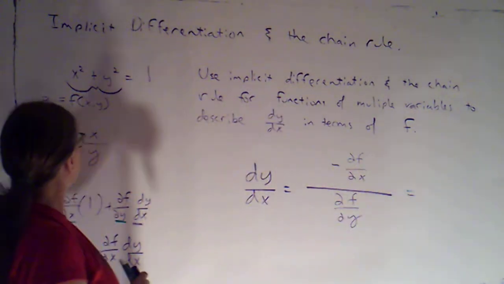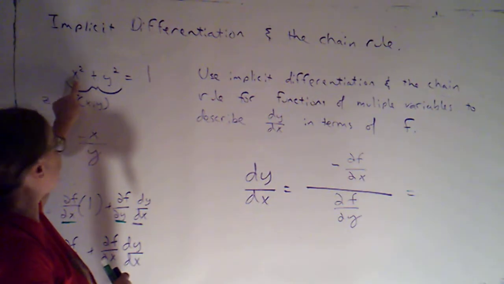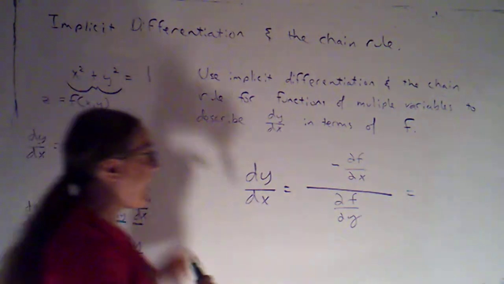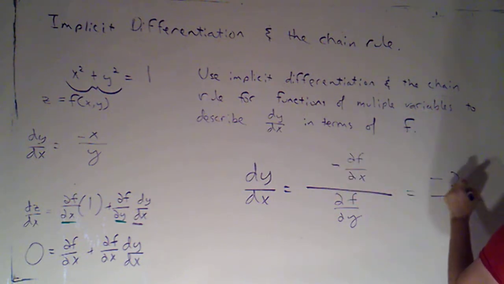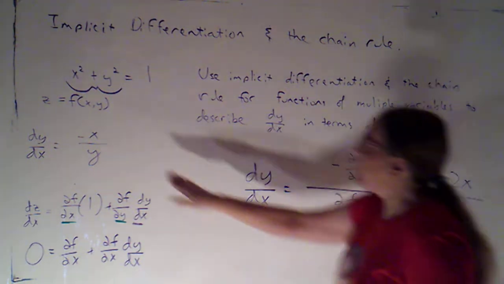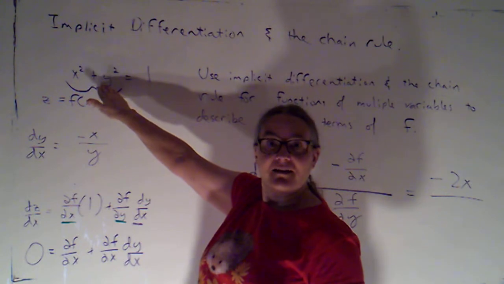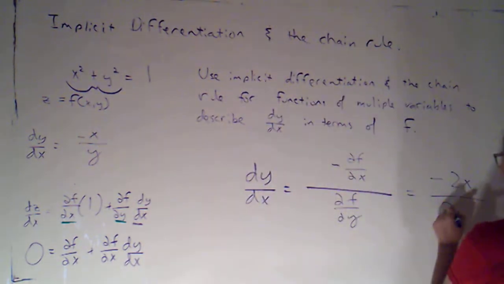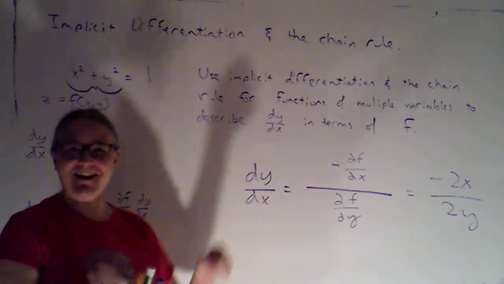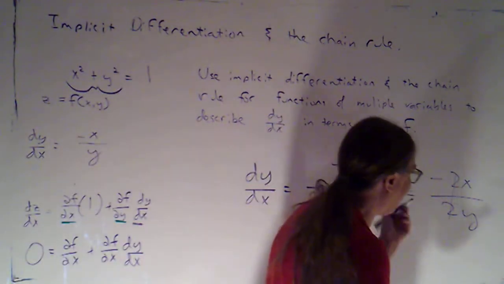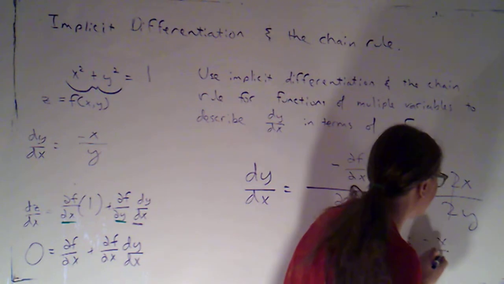So let's see, if this was f, what's the partial with respect to x? It would be 2x. So on top I have the opposite, just because I have that negative sign, of 2x. What's the partial with respect to y? 2y. That should look very familiar. That's exactly what we got last time.